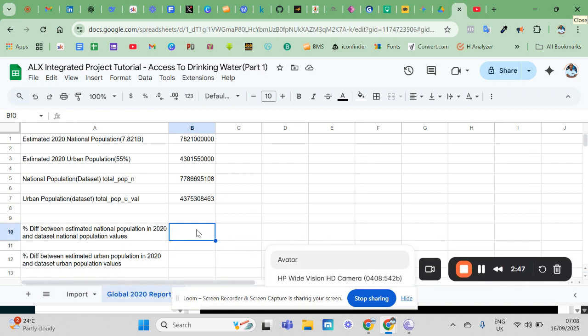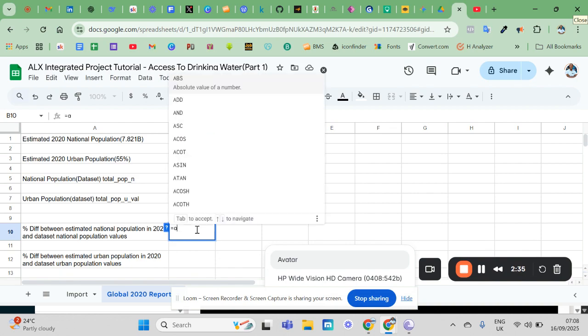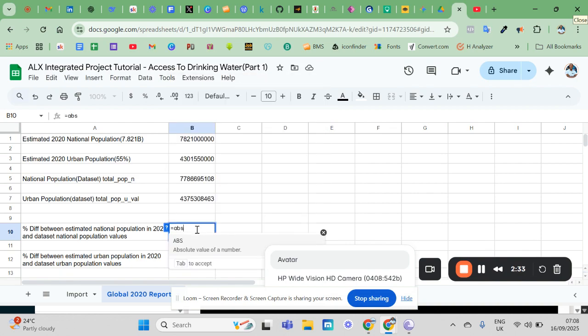So the first one, let's introduce our equal sign, and then first and foremost introduce our ABS. ABS is here.